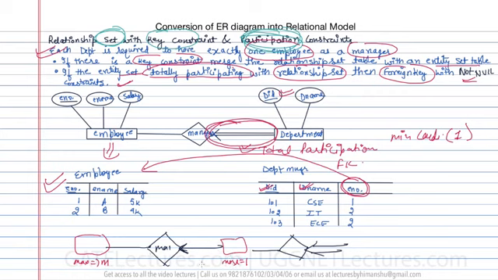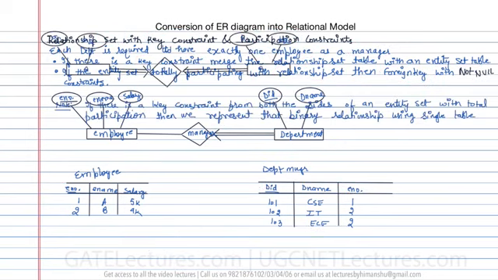They are not discussing the minimum cardinality, or you can say participation is the minimum cardinality. But here, when I'm saying it is total participation, that means the minimum cardinality or participation is 1. That is why this is like this only. Okay, now let us take the next example.